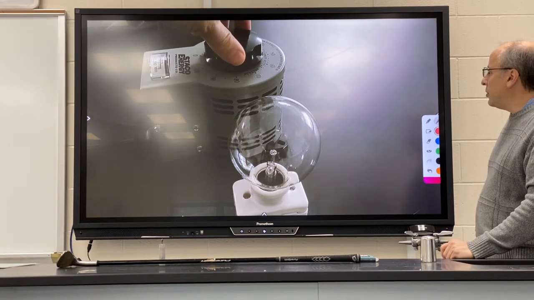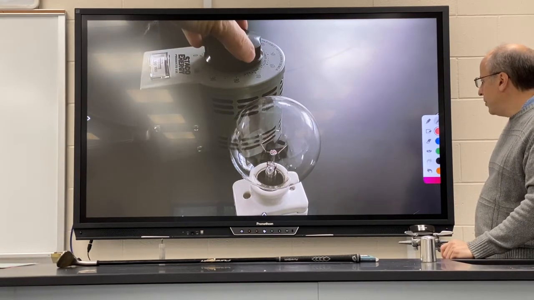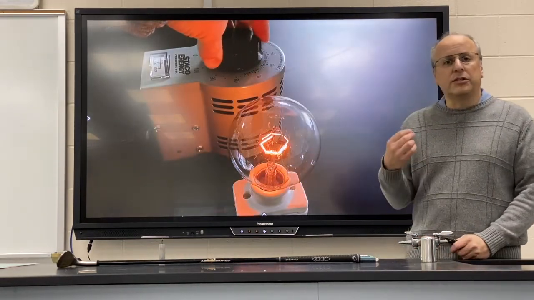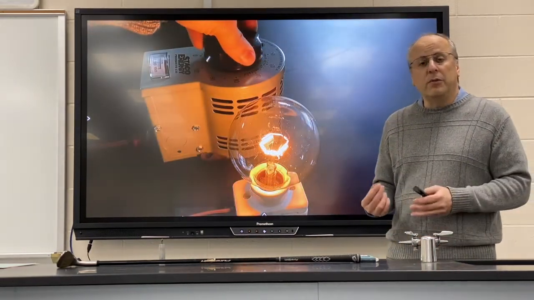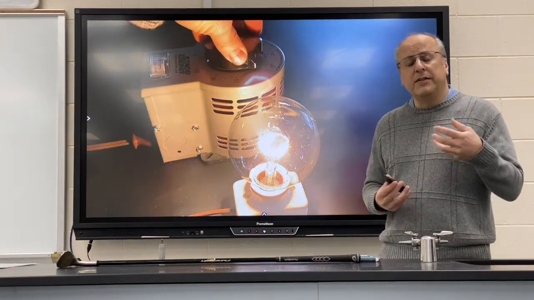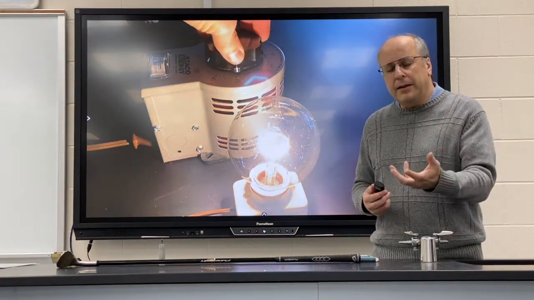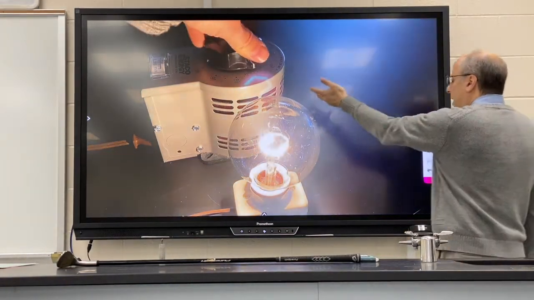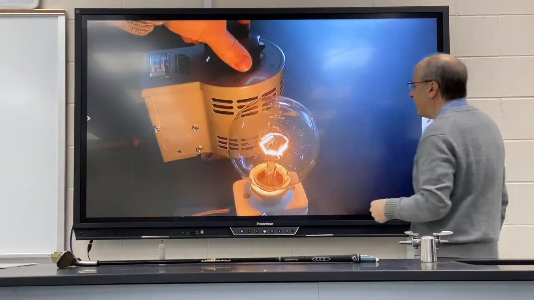Okay, when we start to increase the voltage, we eventually will get this wire hot enough that it starts to glow. Initially it will glow red, just like we saw with our star, where it's giving off some red, but also lots of infrared. As we make the voltage higher and higher, you see it getting brighter and brighter.